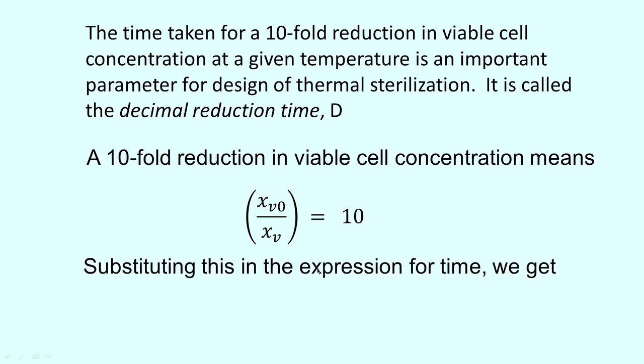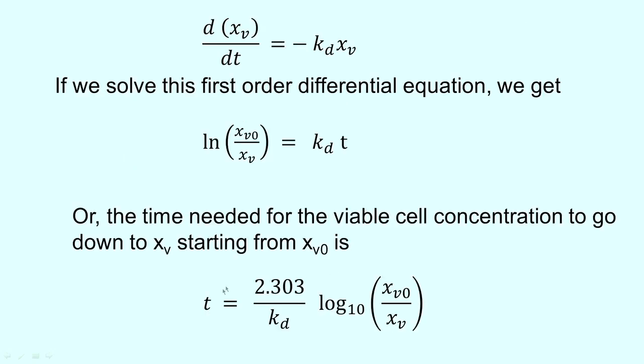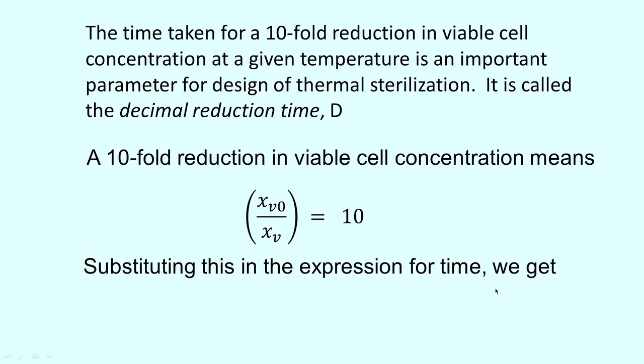And if we substitute this in the expression for time that we had derived earlier, the time taken for the concentration to go from x v naught to x v, then we would get an expression for the decimal reduction time in terms of the variables that we would like: 2.303 divided by k d, times log 10 to the base 10. You all know log a to the base a is 1, and therefore, this reduces to 2.303 by k d.